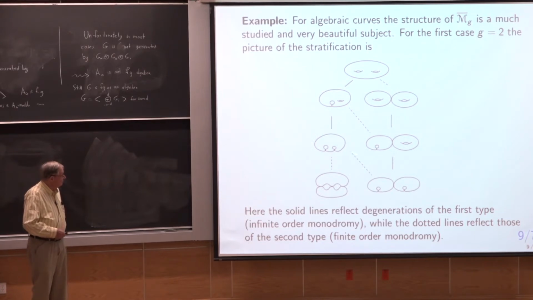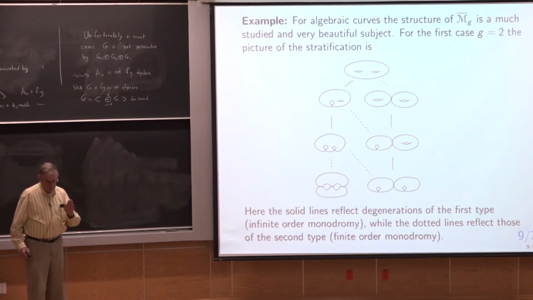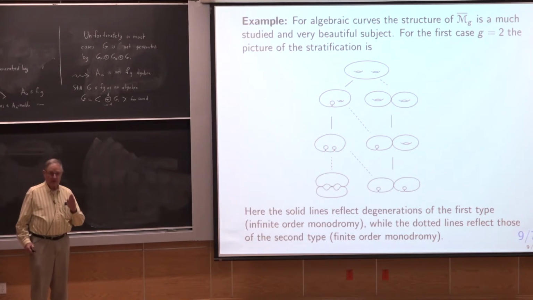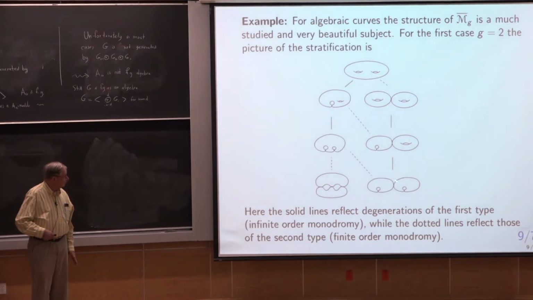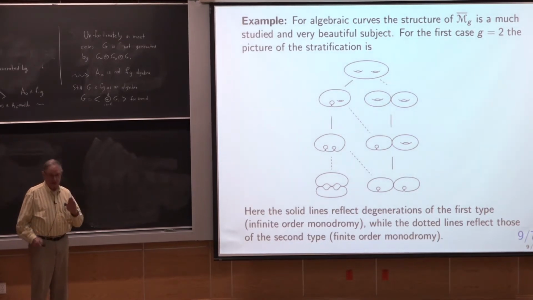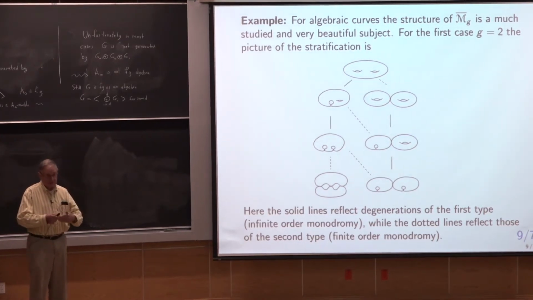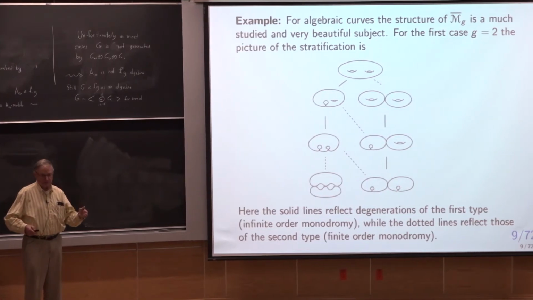The dotted arrows are the second type of stratification of Hodge structures that I mentioned. Here, the Hodge structure is becoming reducible. So it gets an additional Hodge tensor, namely it just decomposes the Hodge structure into a sum of two.